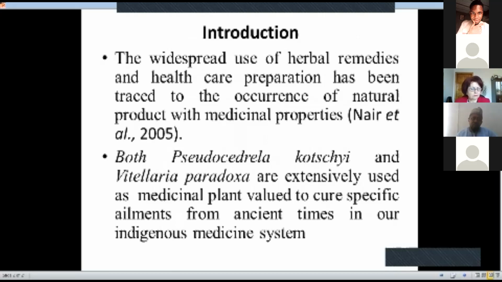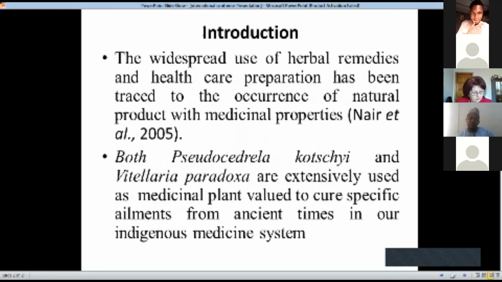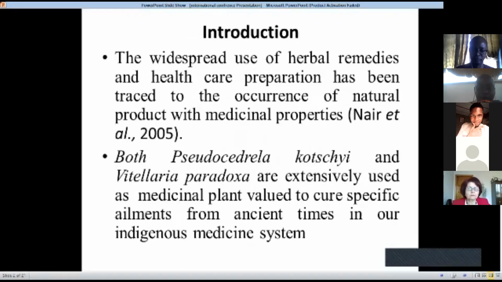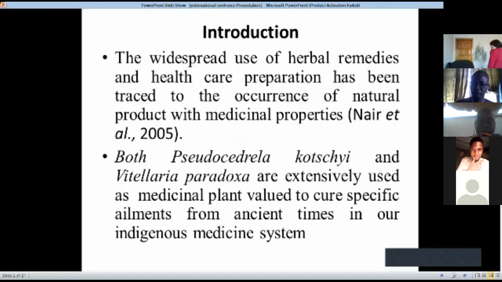The widespread use of herbal remedies and health care preparations has been traced to the occurrence of natural products with medicinal properties. Both Pseudocedrela kotschyi and Vitellaria paradoxa are extensively used as medicinal plants to cure specific ailments from ancient times in our indigenous medicine system.